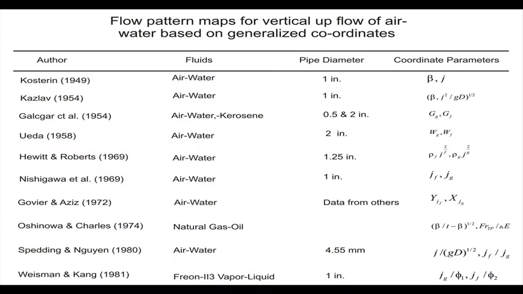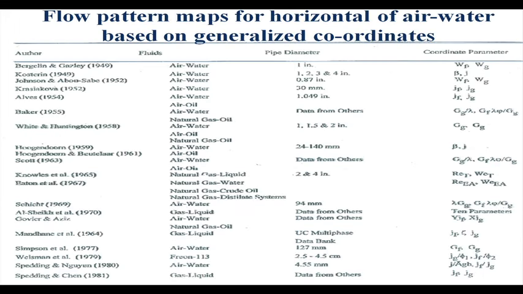That explains the confusion in selecting the axes of the different flow pattern maps, as a result of which a large number of coordinate axes have been adopted for vertical as well as for horizontal flow pattern maps.